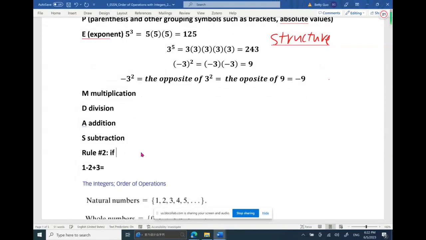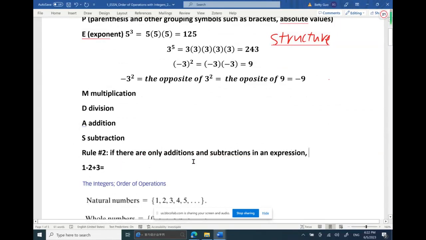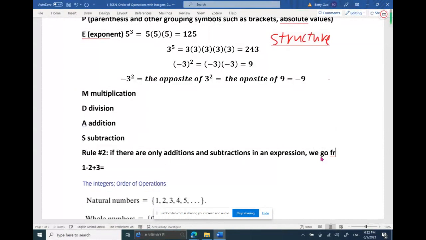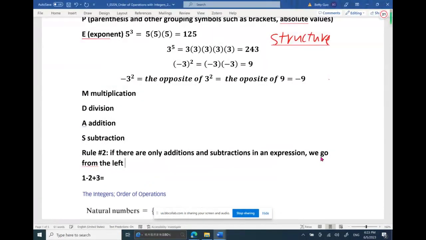Let's say if there are only additions and subtractions in an expression, we go from the left to the right.